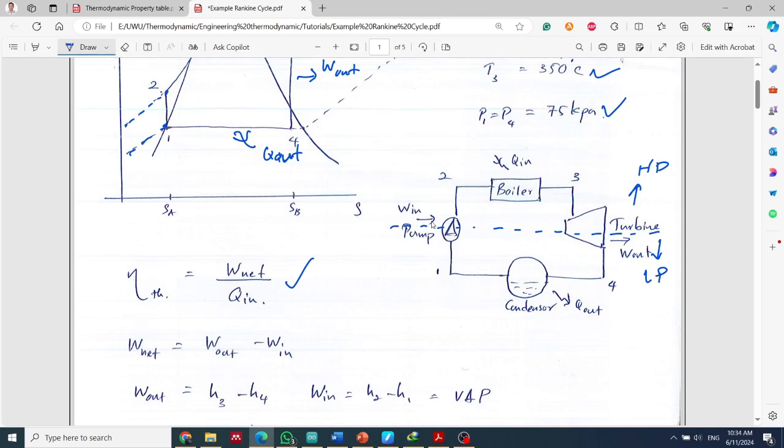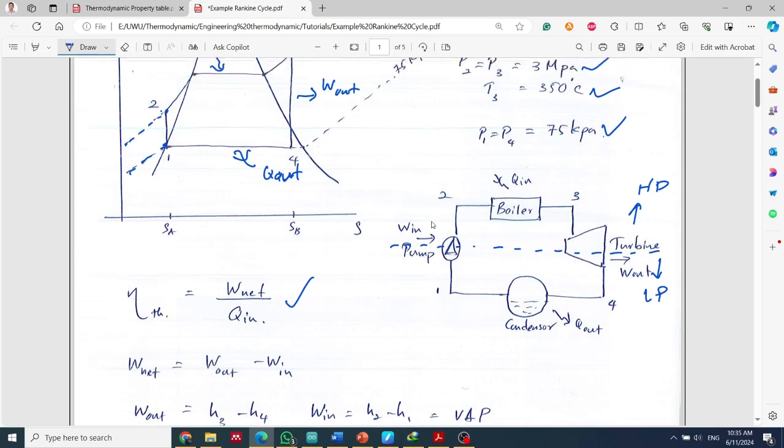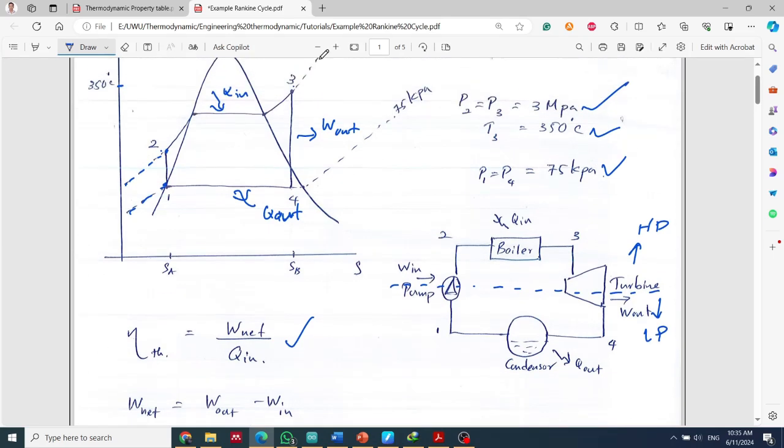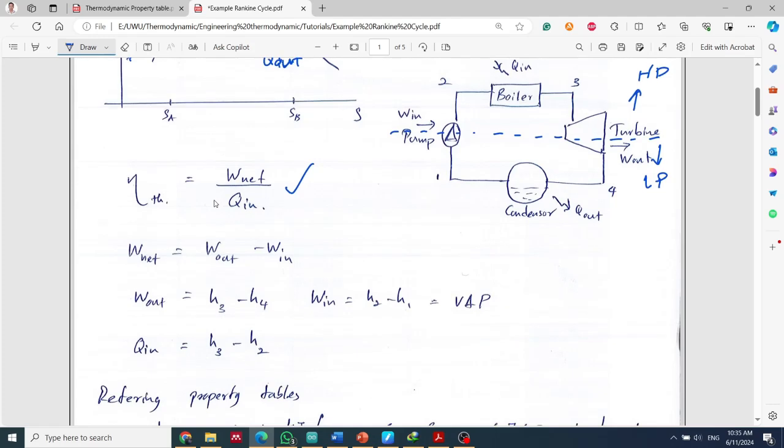We can write W out equal to H3 minus H4 and W in equal to H2 minus H1. That is what is written here.